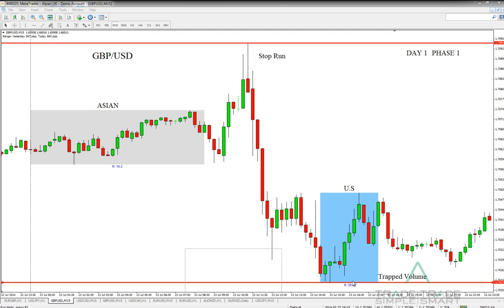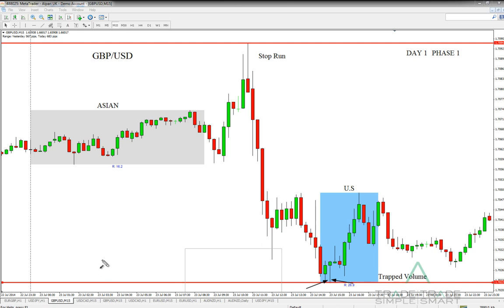Now, in terms of the trap volume, those traders who typically get in at the last stages of a trend will generally get in and around the US session. Now, what happens here is, when the New York reversal unfolds, any trader who sold in and around this bar become trapped.